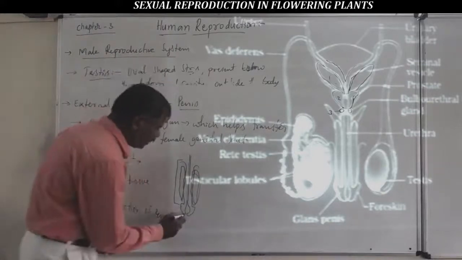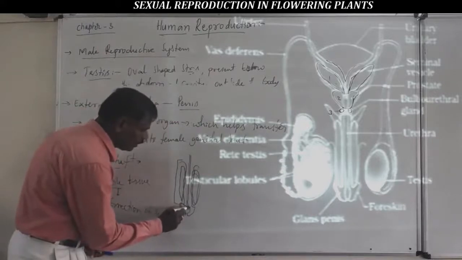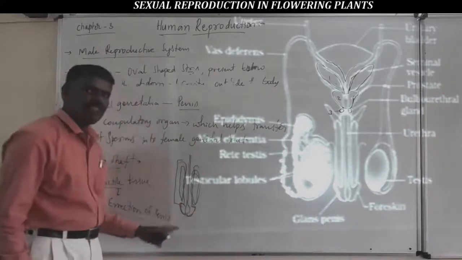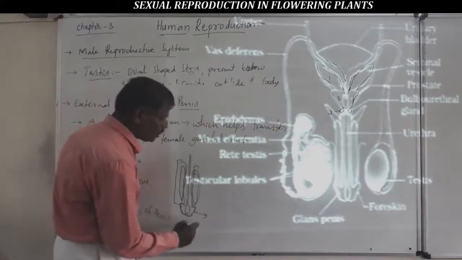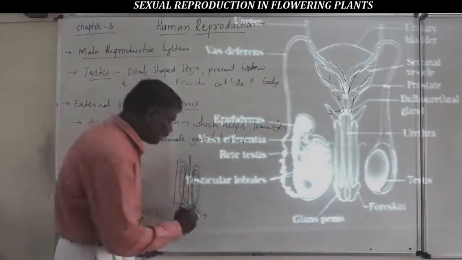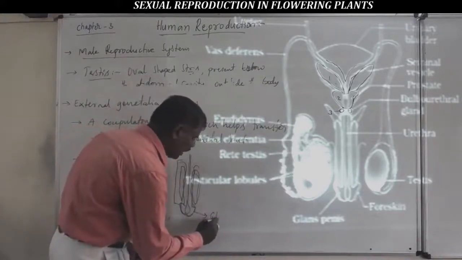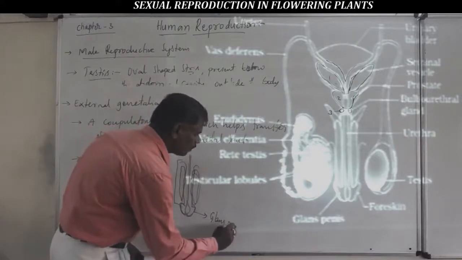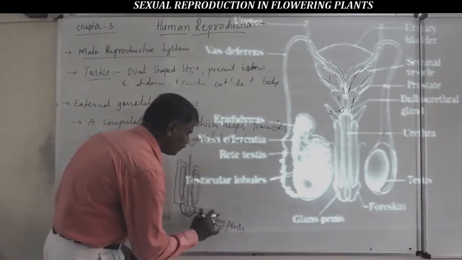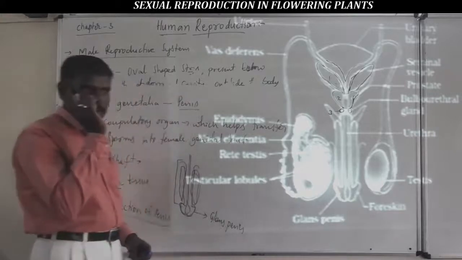The tip portion of the penis, a swollen portion, is called glans penis.